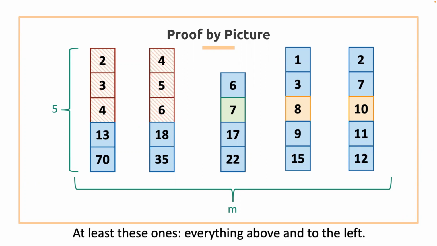Instead of having 5 groups where 2 of the groups have 3 elements smaller, in the general case you can make the same argument: if I pick the median of my medians, m divided by 2 of the groups will have 3 elements each that are definitely smaller than my median.